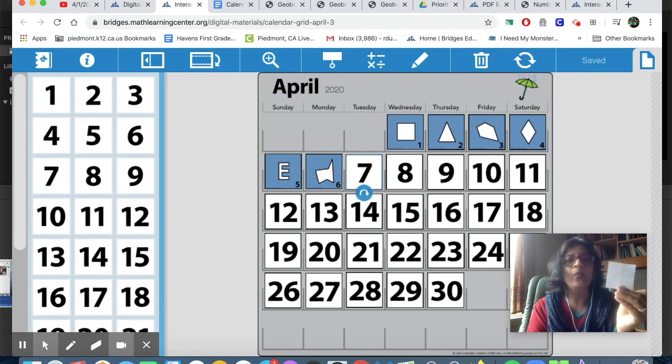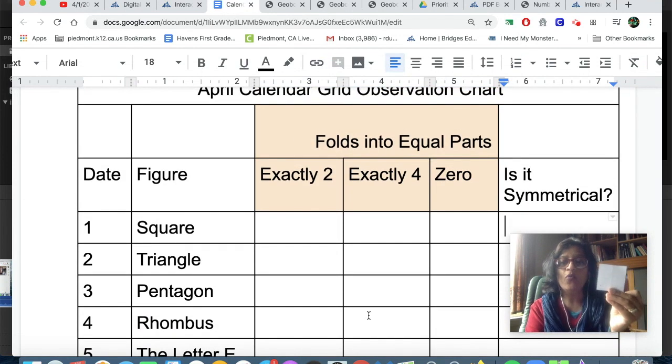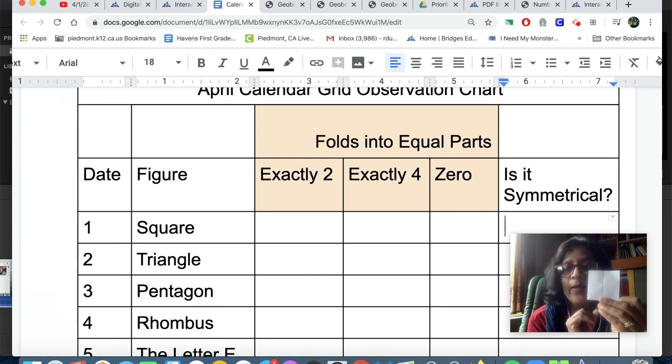And we were checking to see if you can actually fold it into equal parts. We wanted to see if it's symmetrical or not. We call a shape symmetrical if it is the same on both sides.